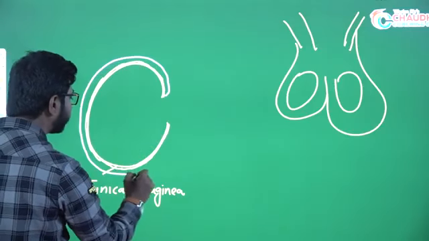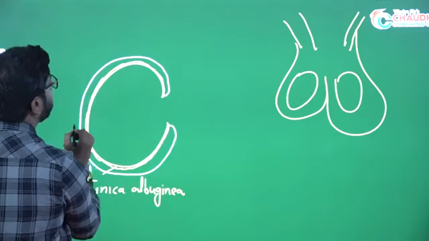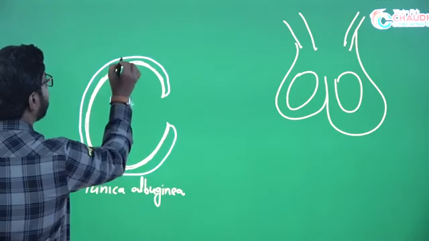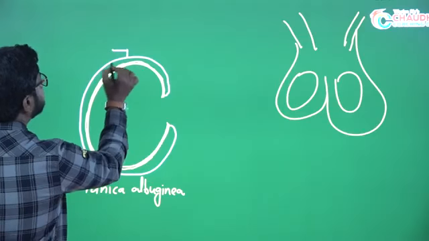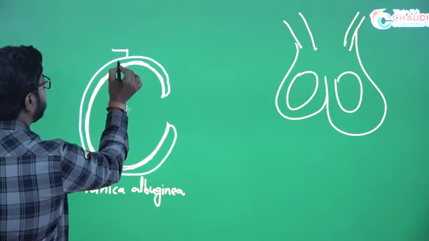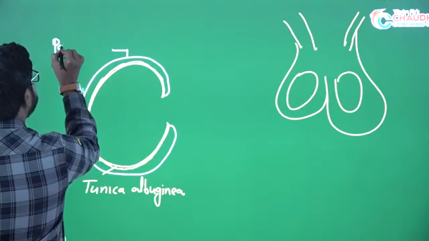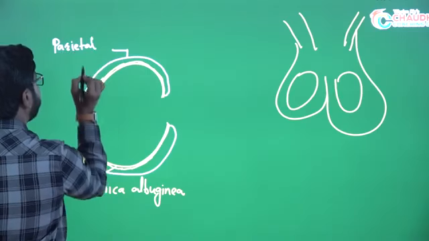So this is the diagrammatic presentation of tunica vaginalis. This tunica vaginalis also has three different parts. The outermost layer, which is represented by the white marker, is known as the parietal layer, since it is present in the periphery.